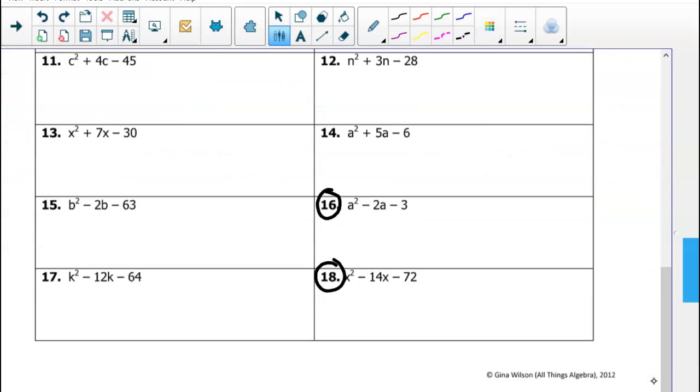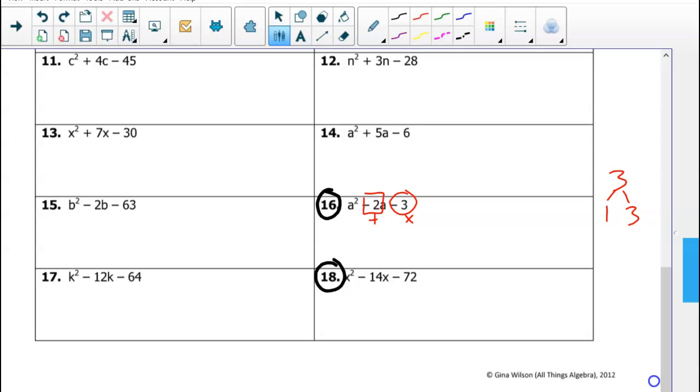Number 16, I have to find two numbers that multiply to be negative 3 and add to be negative 2. Well, 3 is a prime number, so its only factors are 1 and 3. But because this is negative, only one of them can be negative.